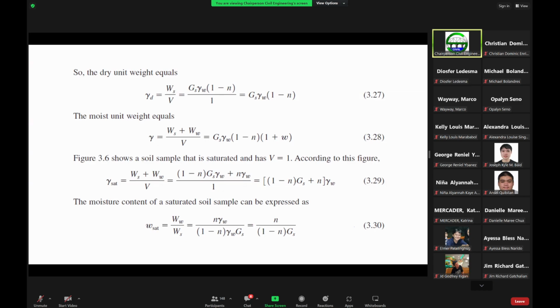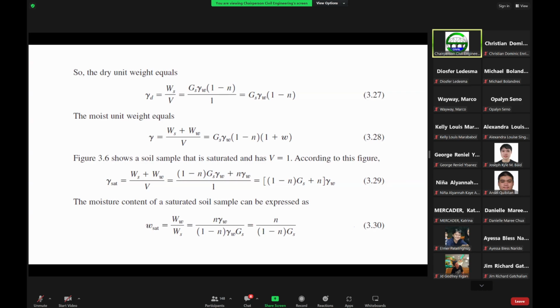Now, for the moisture content. In the case of the moisture content of a saturated soil sample, we know that the degree of saturation of a saturated soil sample is 100%. For the saturated water content, by definition, the water content is equal to the weight of water over the weight of the soil solids.